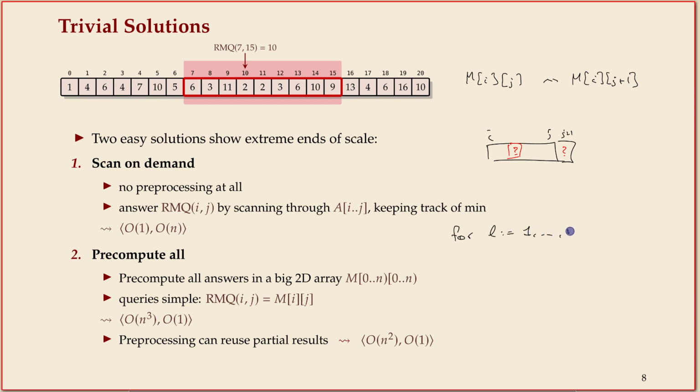So we can have anything between 1 and n elements. Then we iterate over the range. It can start at 0, anywhere up to n minus l.